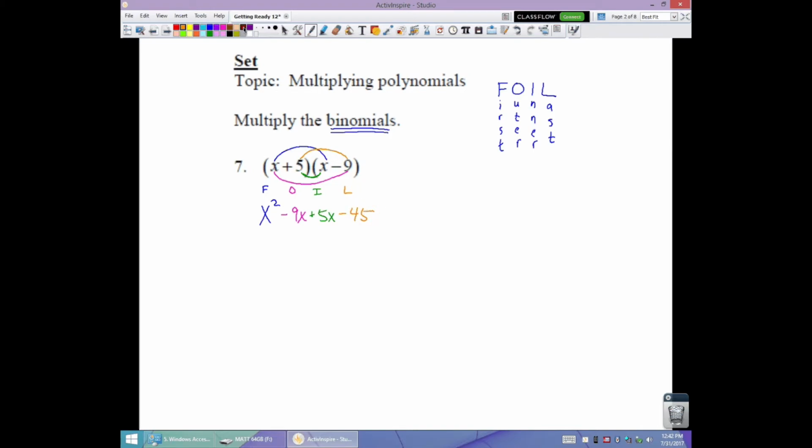Now, most of the ones that you will see in algebra class, the two middle terms, the x to the first terms, will be like terms. Not always, but often. So we do need to take that extra step and say this becomes x squared minus 4x minus 45. You can't stop at this middle step. We need this simplified trinomial.